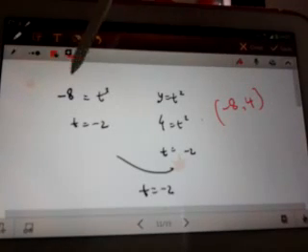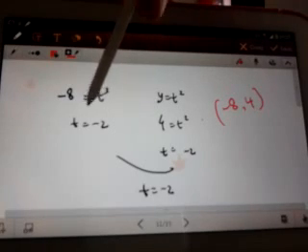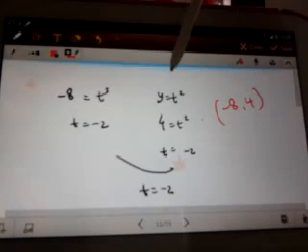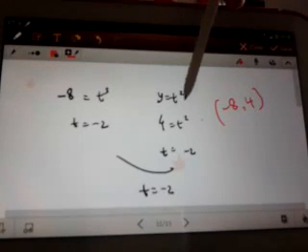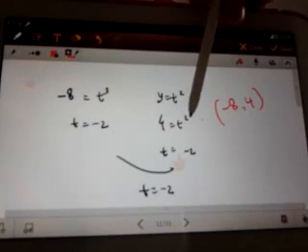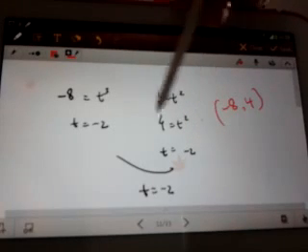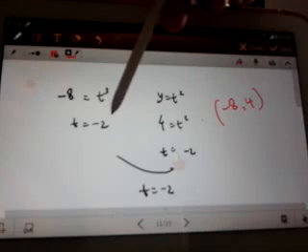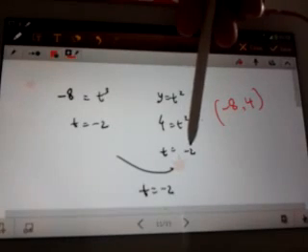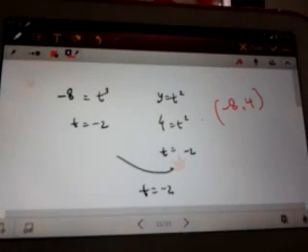Minus 8 is equal to t cubed, so t will be minus 2, and y is equal to t squared, so 4 is equal to t squared. Actually we have minus 2 and 2, but for the x equation we got minus 2, so we take minus 2 for the value of t.